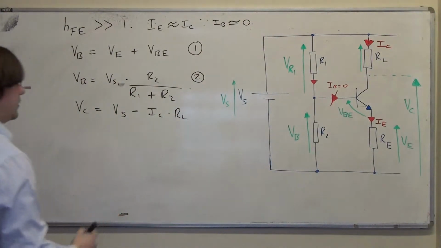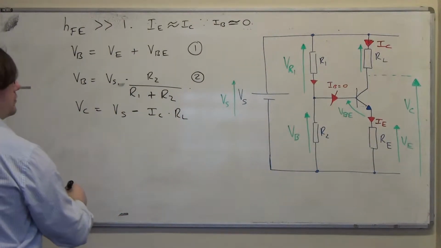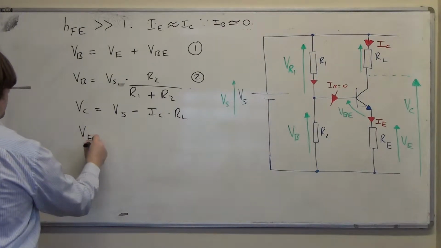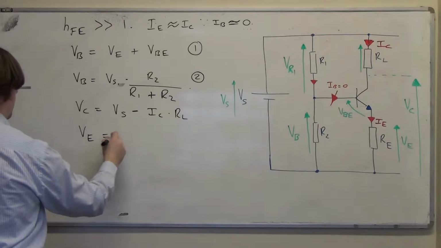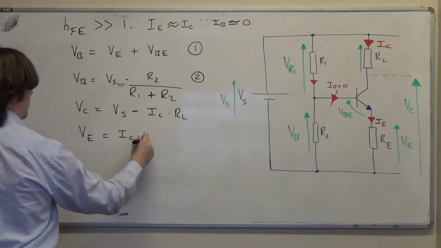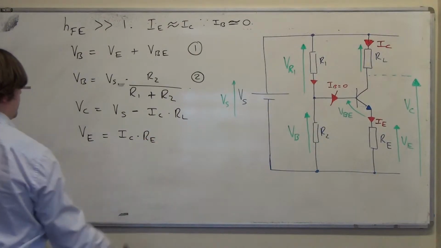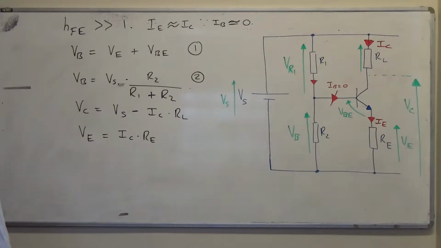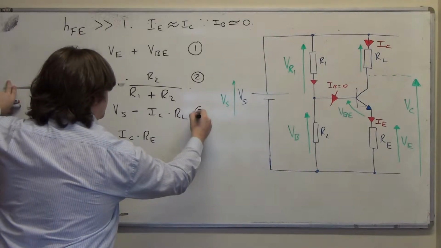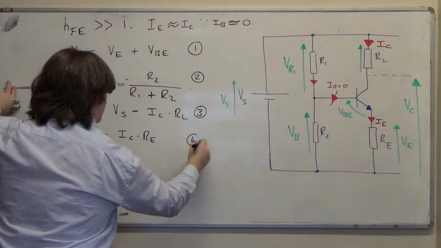If that's the case, we can also write that VE is equal to IC times RE, which is fine. So we'll call that one 3 if you like, and we'll call this one 4.